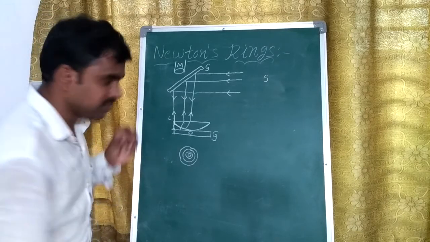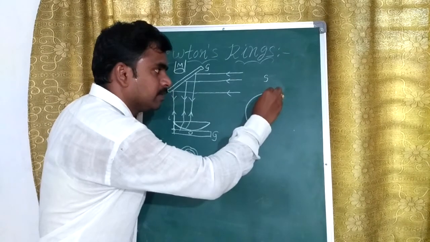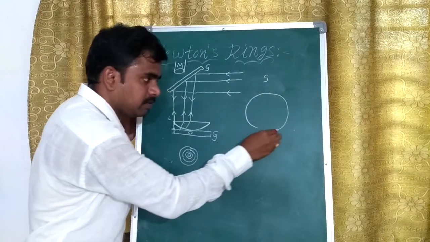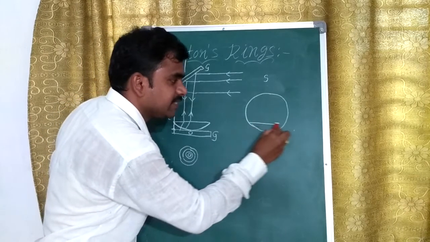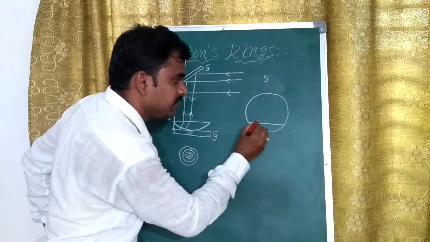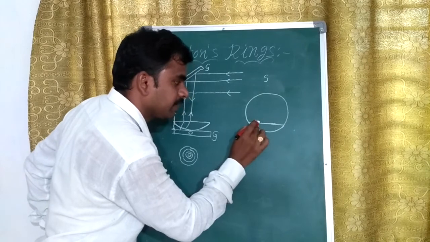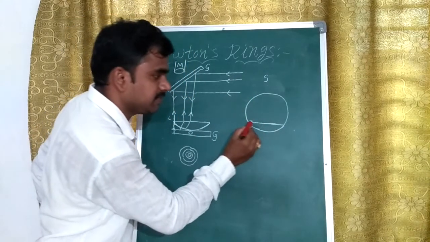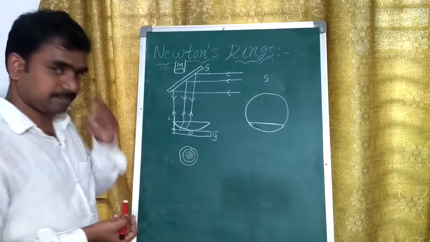Suppose we take a sphere. So this is a sphere. From this sphere, we take a small arc. This arc is a plane surface on one side and also a curved surface.